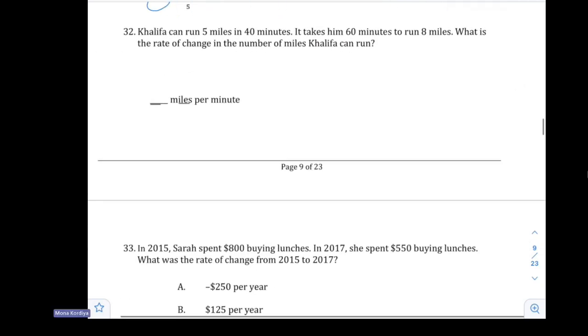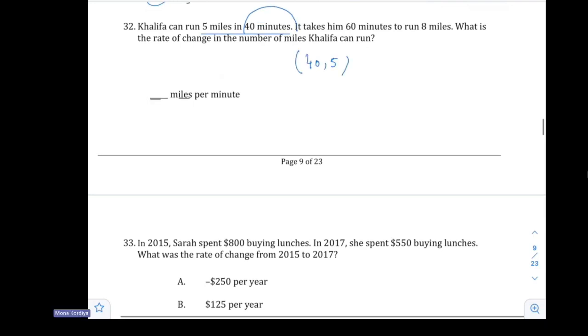Khalifa can run 5 miles in 40 minutes. This is time, so we would write it 40 and 5. And it takes him 60 minutes to run 8 miles. So also 60 with 8. Remember, this is time and this is time, the same order. The question is find the rate of change.